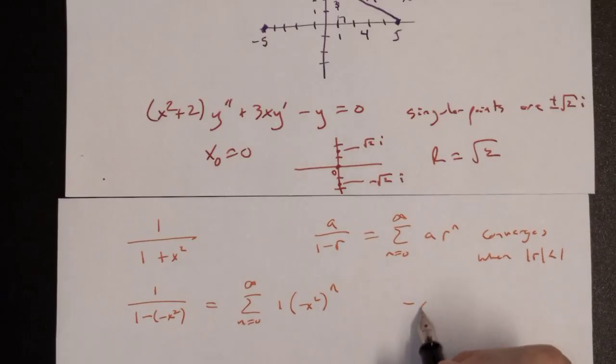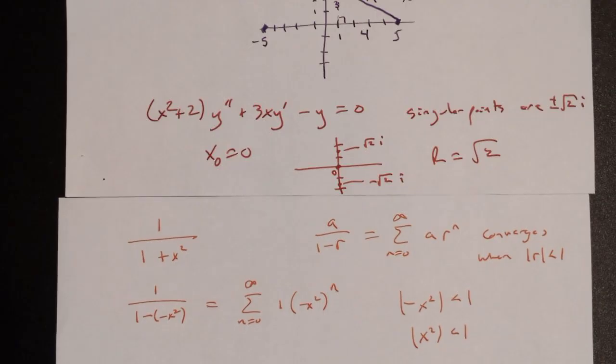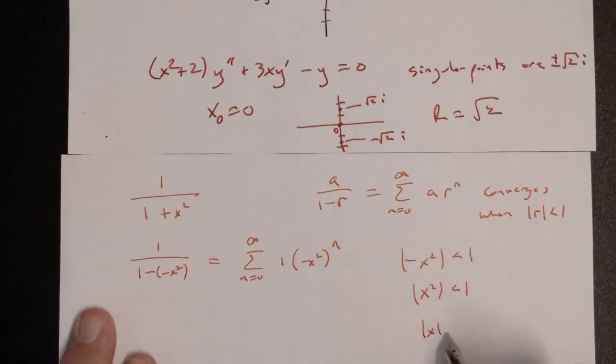I want negative x squared in absolute value to be less than 1. That's the same as x squared being less than 1. And what's the square root of 1? Say that again. The square root of 1. Yeah. So that would mean that x is less than 1. Isn't that the same radius of convergence we just came up with, by looking at where this is analytic and where its singular points are?